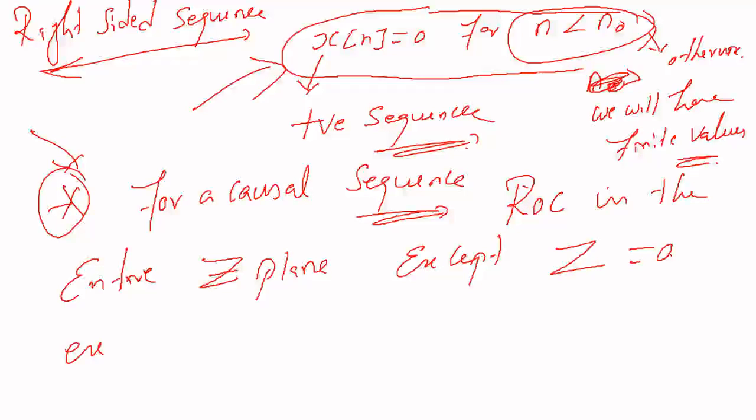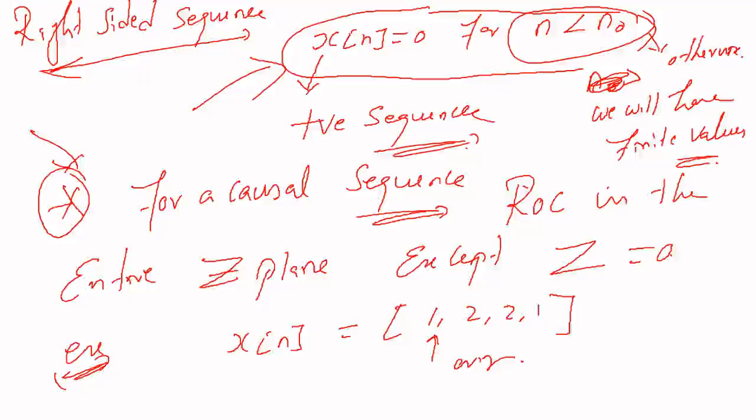So let us take an example problem. Let x of n is equal to 1, 2, 2, 1 and this is the origin. Okay, so how do you write the z transform?